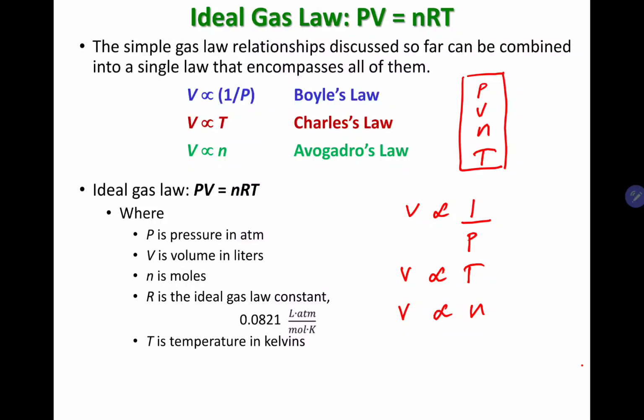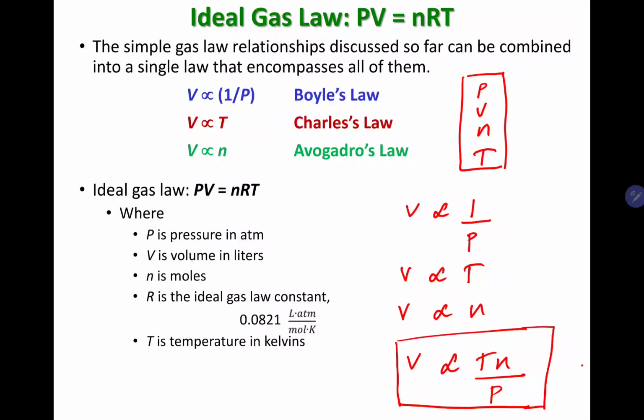So all these three laws have volume incorporated into them. You can combine them and say that volume is proportional to temperature and the amount of gas, but inversely proportional to pressure. So you can build a more advanced relationship out of these three laws.